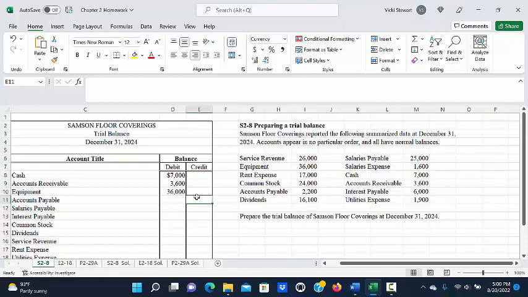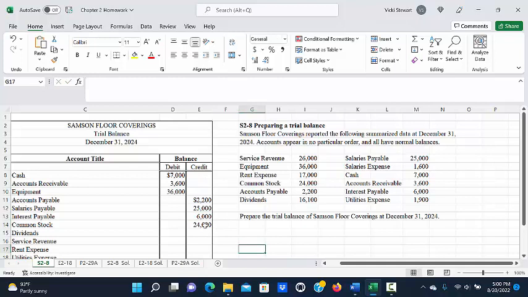So all of the assets have a normal debit balance, and your liabilities and owner's equity have a normal credit balance. So accounts payable should be in the credit column, salaries payable in the credit column, interest payable in the credit column, and those are our three liabilities. Then we get to common stock, which is an owner's equity account, and that will also be in the credit column.